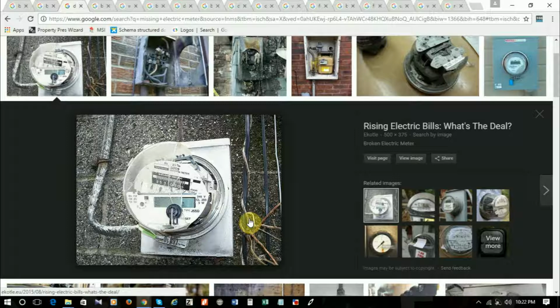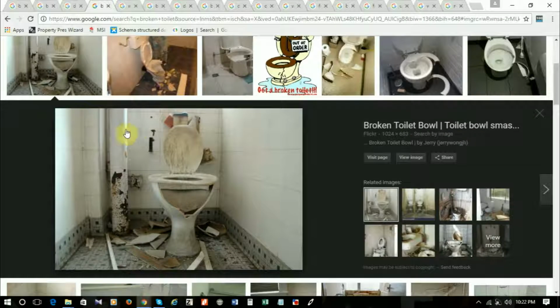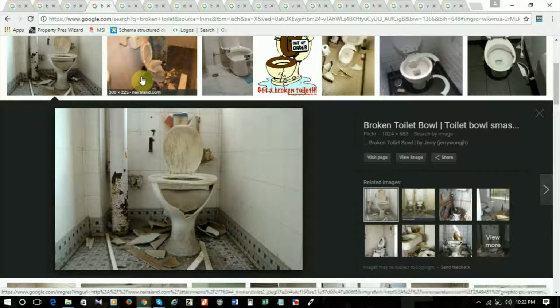These are all signs of vandalism. In relation to this, if bathroom items such as the toilets or the bathtubs and the showers are damaged, broken, or are missing, it can also be concluded that they were caused by vandals.